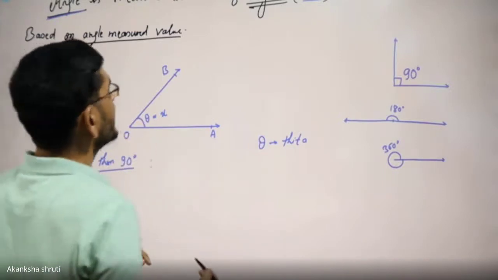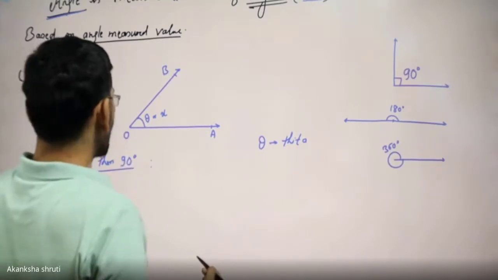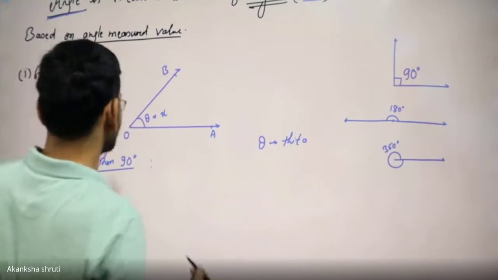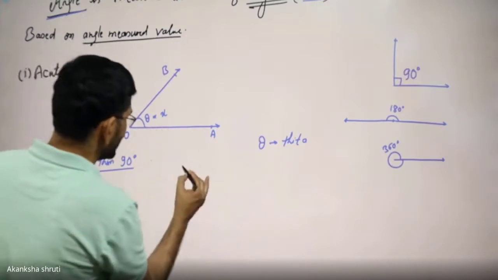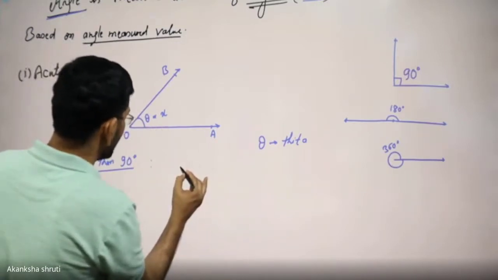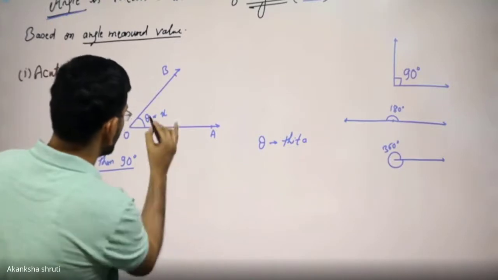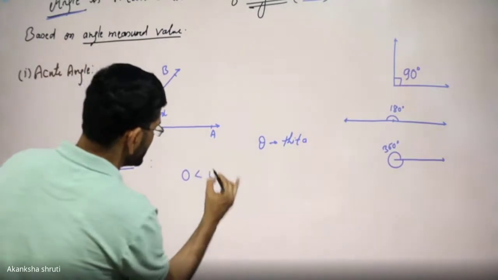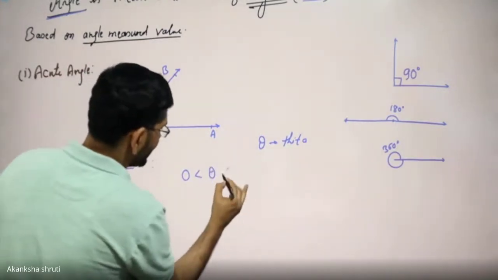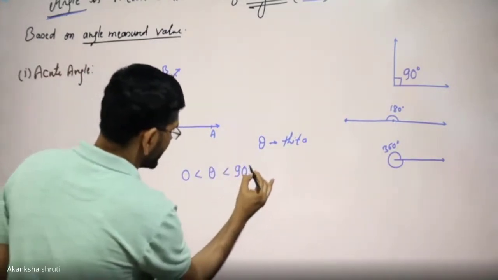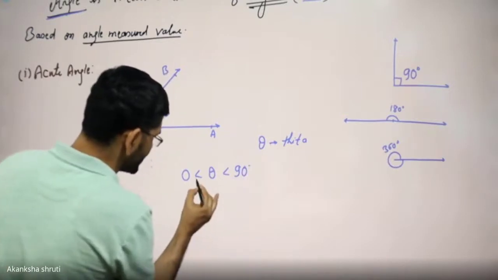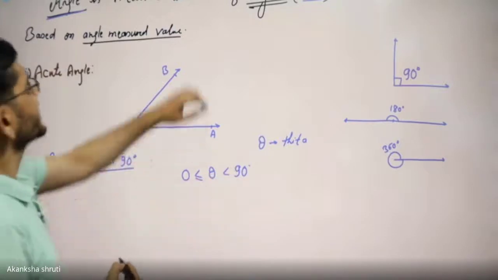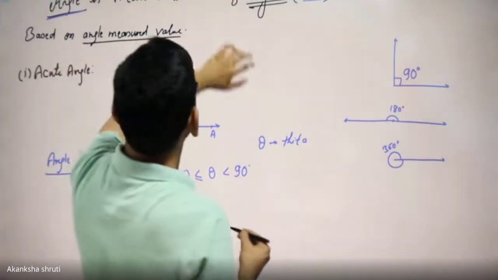Students, you have to take your protractor and place it properly for measuring this angle. While measuring it, you will get that this angle is greater than 0 and less than 90 degrees. Students, it may be possible to take even 0 also, but surely it should be less than 90 degrees. How can you measure this?